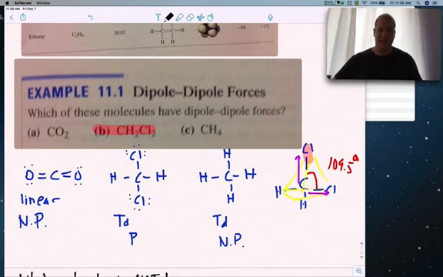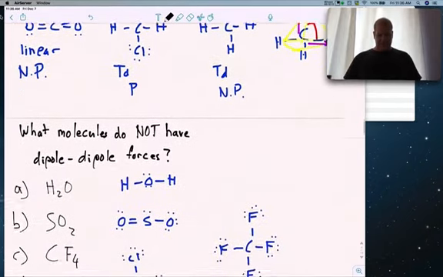Methane here is also tetrahedral. Everything's the same, therefore it is a completely nonpolar molecule, and it will have dispersion forces only. Don't let the chlorines fool you. I know the Lewis structure shows them at 180 degrees from each other, but it's not really 180 degrees. Remember, this is a tetrahedron, and those bond angles are about 109.5 degrees.